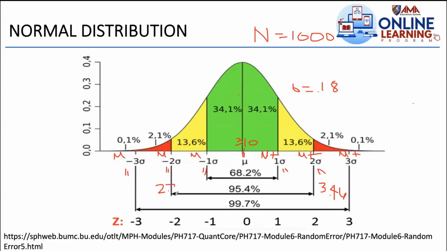Now, you notice the yellow and the green. The yellow and the green represent the 95%, or the 95.4%. That's why among the 1,000, 95% of 1,000, which is 950, have values greater than or equal to 2.74 but less than or equal to 3.46.